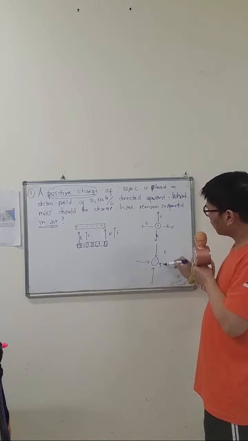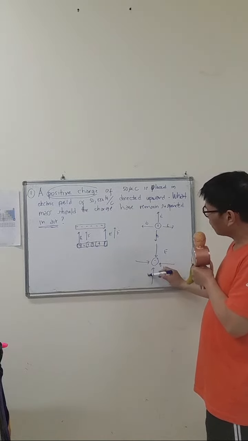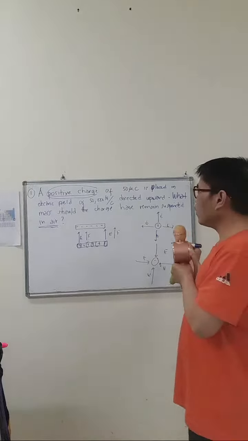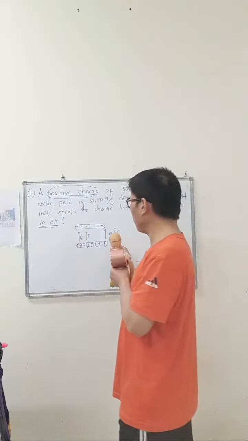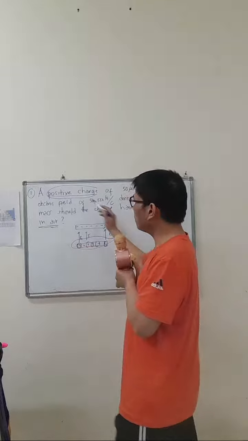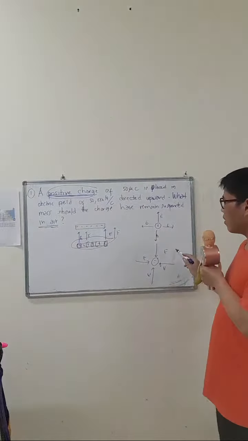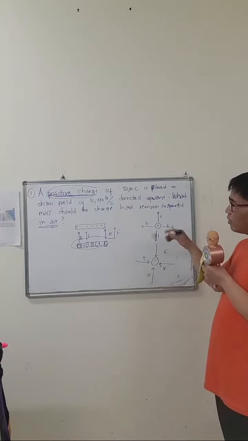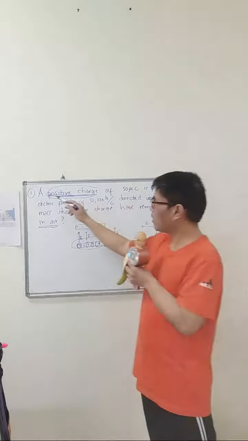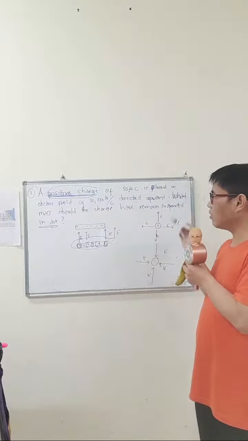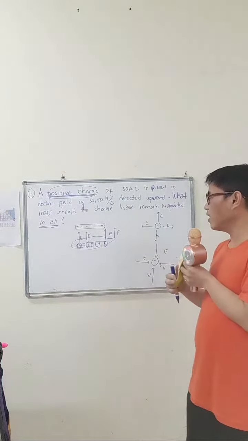Now, we need to focus on the first scenario because the problem is stating a positive charge. It's not stating a negative charge. So go directly to this positive charge, because you will waste your time. The question is asking only for the positive charge, right?